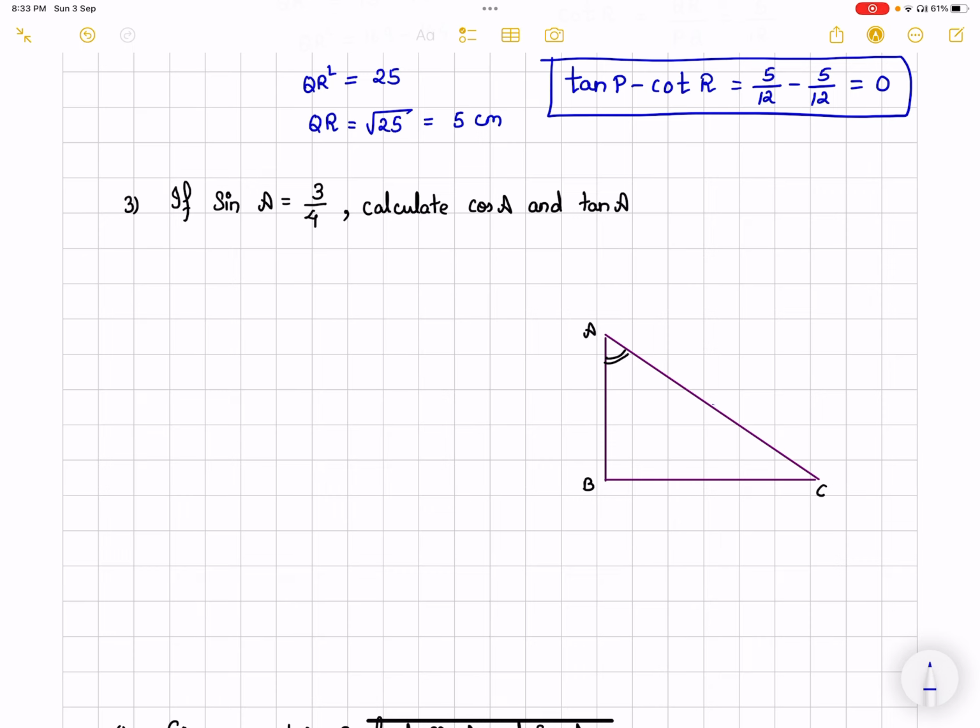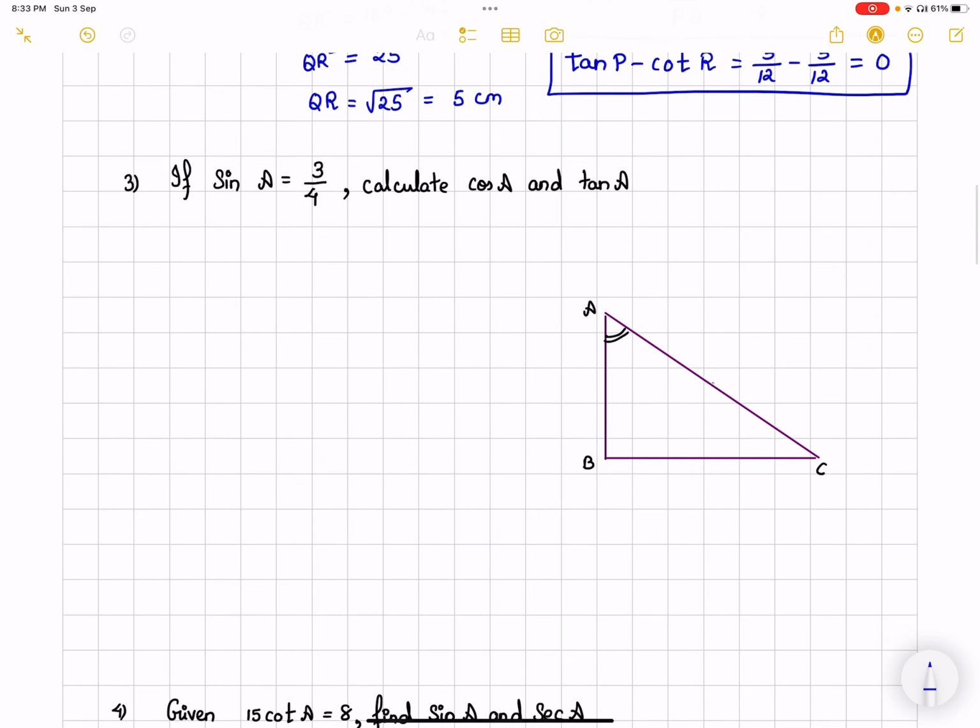If sine A is equal to 3 by 4, calculate cos A and tan A. Okay. So now here they gave me sine A is equal to 3 by 4. So what is given? Given sine A is equal to 3 by 4. So angle A is here, opposite side is 3, and the hypotenuse is 4. How did you find out?